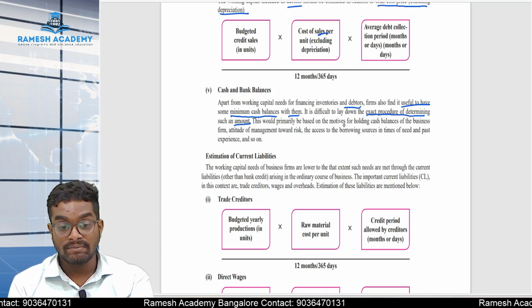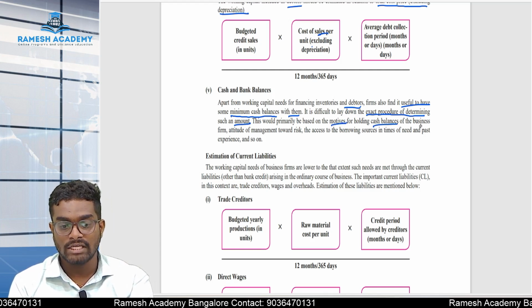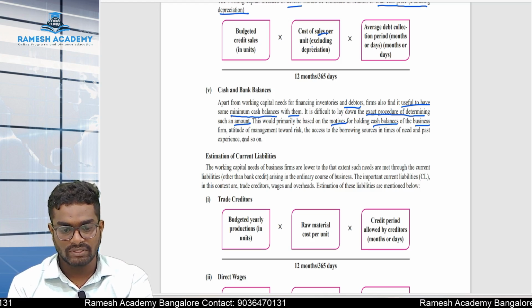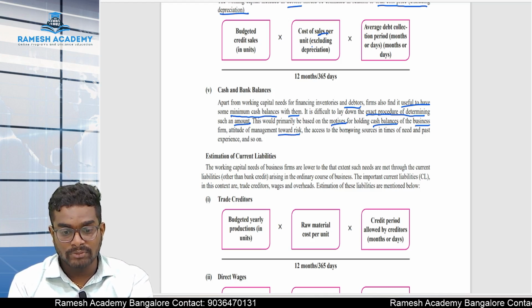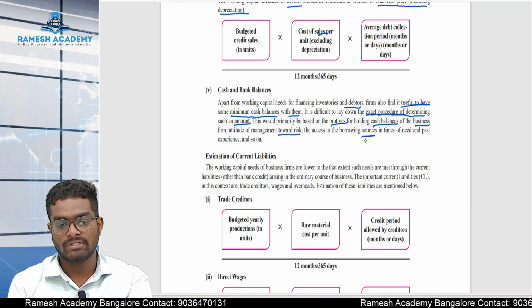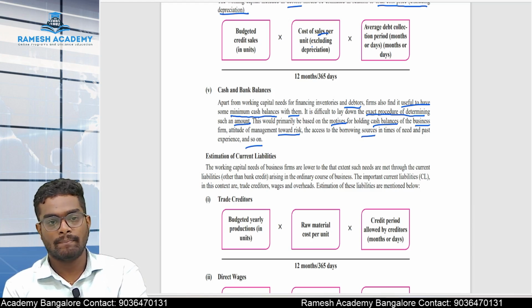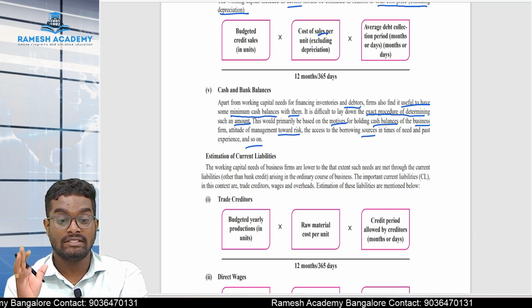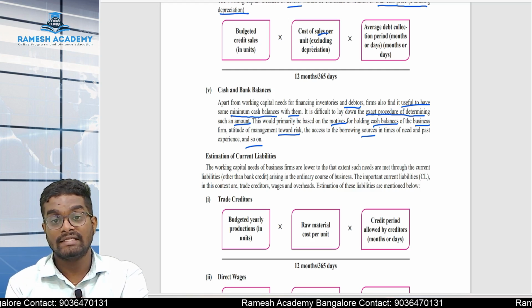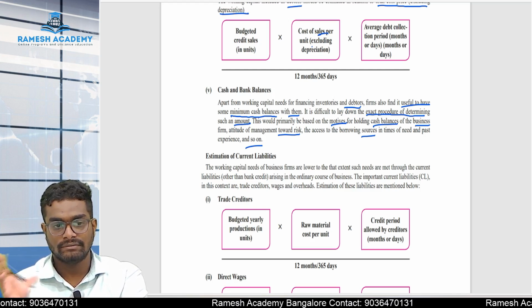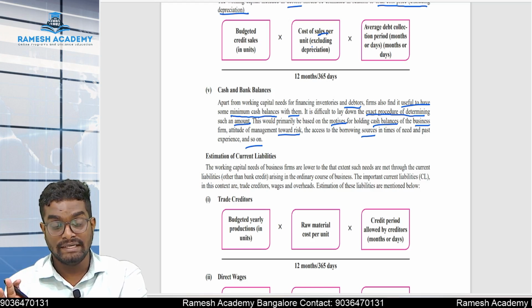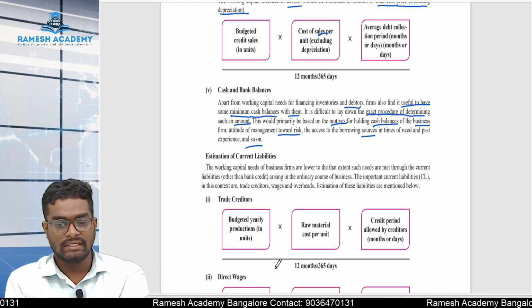This would primarily be based on the motives for holding cash balances of businesses, the attitude of management toward risk, access to borrowing sources in times of need, and past experience, and so on. So cash and bank balance will depend on various things, such as whether I can get the amount immediately from a party. So I will take all the factors into consideration.